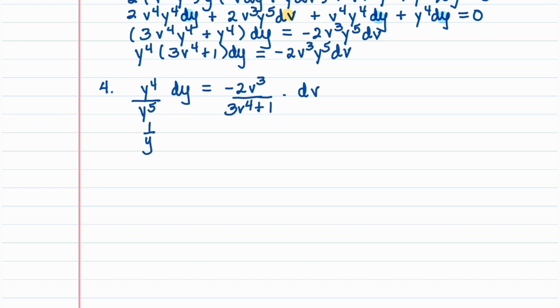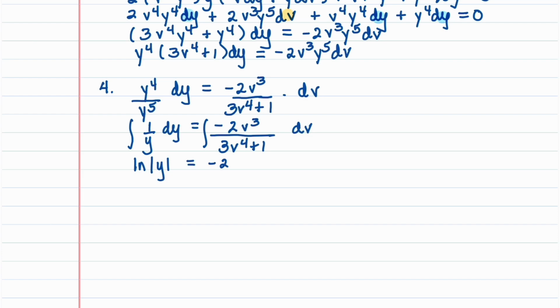We have 1 over y dy, and then our right-hand side is the same. Now we need to integrate both sides. On the left, we have natural log absolute value y, and then on the right, we have minus 2 times the integral of v cubed divided by 3v to the 4th plus 1 times dv.